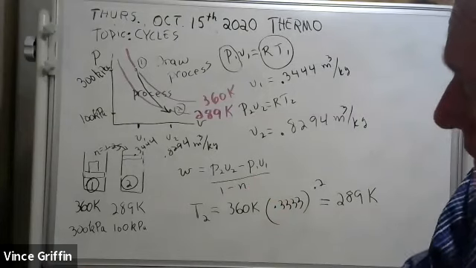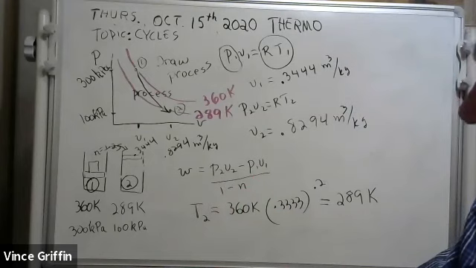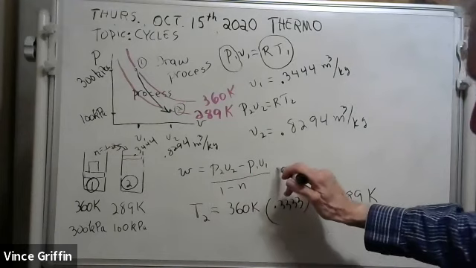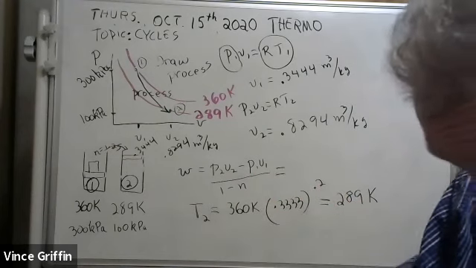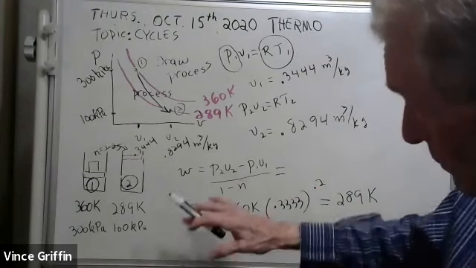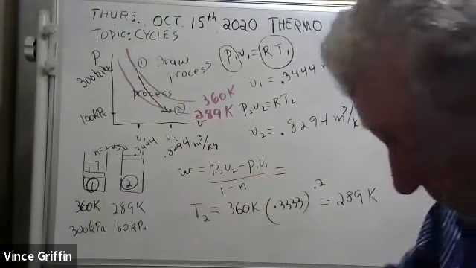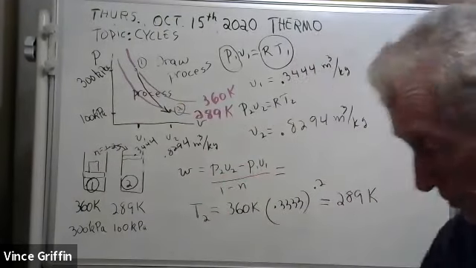Hey, we know everything. We know P2 and V2. We know P1 and V1. We know the whole works there. We can get the work, and I'm going to be quiet for a minute, and I want you to plug that in and get the work per mass for me. Go for it. See if you can do that.